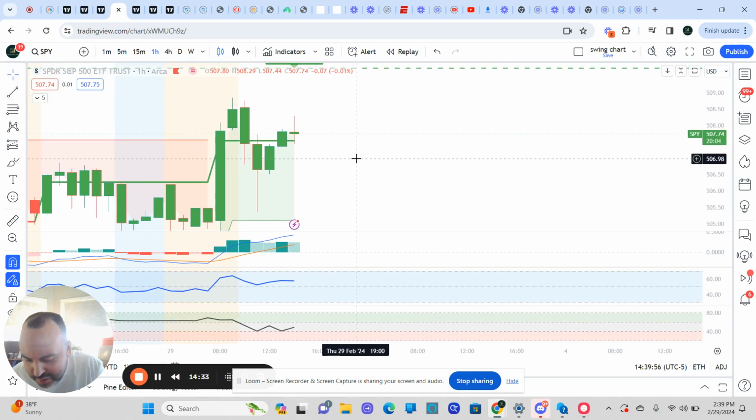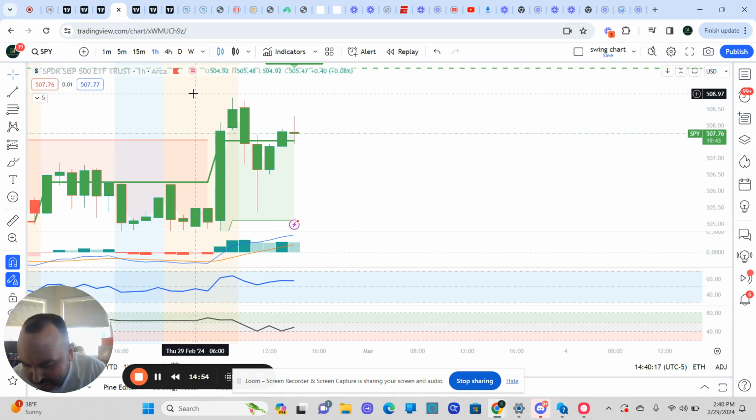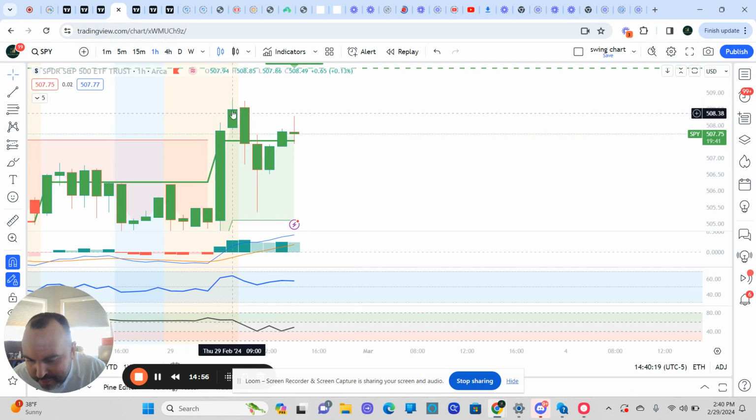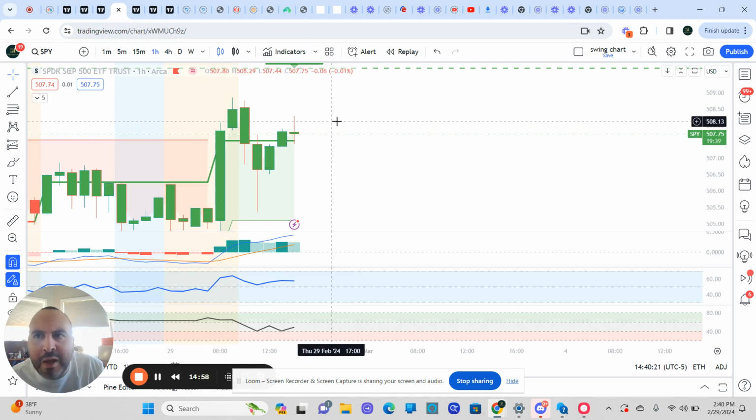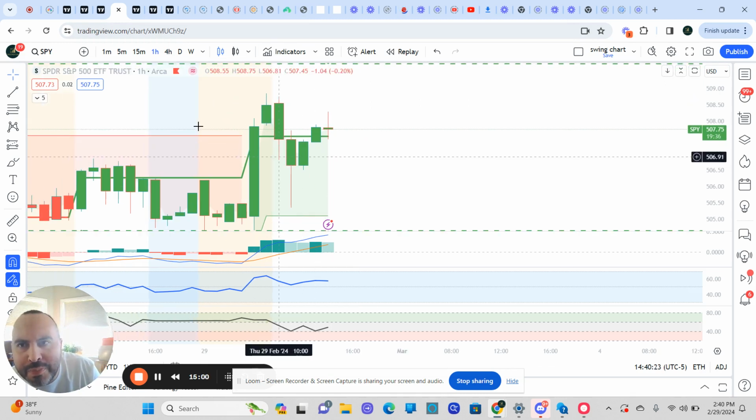Let me just look at the alerts here so I can see. This was a day trade, Q trend. Okay. All right. So at 12 o'clock, I did call out just to keep an eye out for a potential bounce on the SPY.